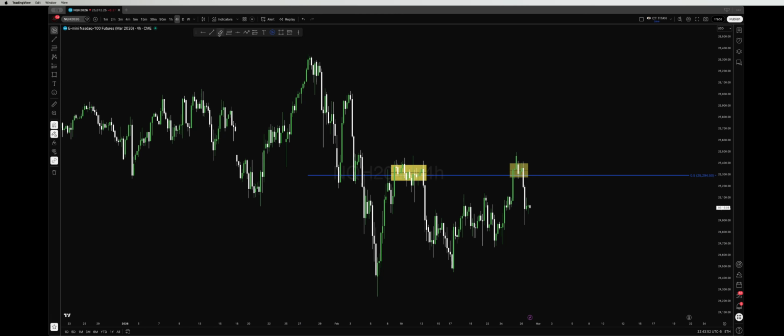Okay, this is the high, this is the low. Nothing has been taken, so that means we have an open swing high, liquidity for the buy side, and liquidity for the sell side, open to the downside. So price is basically within the dealing range, this high and this low. Nothing has been taken out.